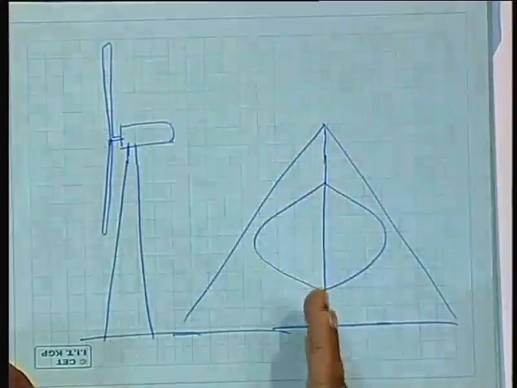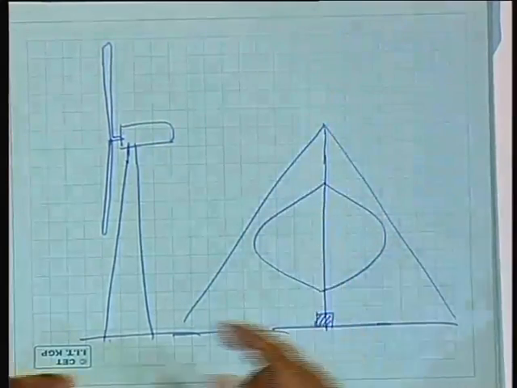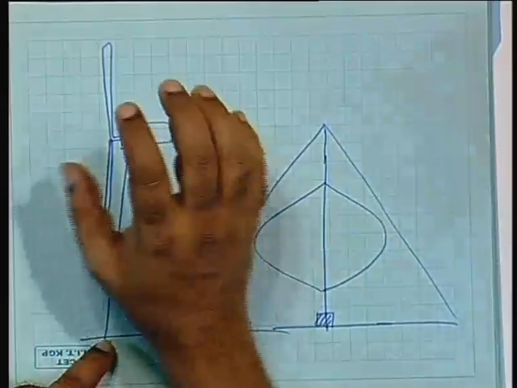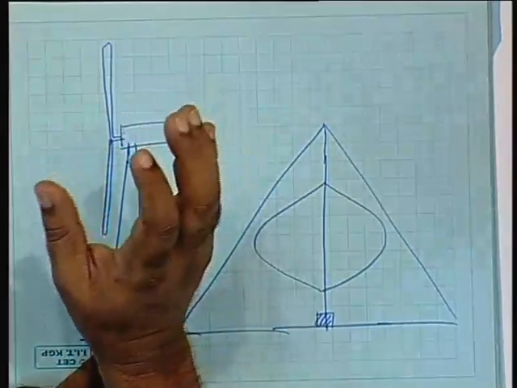So in terms of axis, this is the horizontal axis wind turbine, and this is the vertical axis wind turbine. Notice that the horizontal axis wind turbine has to be oriented in the direction of the wind, while for the vertical axis wind turbine, it does not matter. So another complication and another control system can be avoided in case of the vertical axis wind turbine.